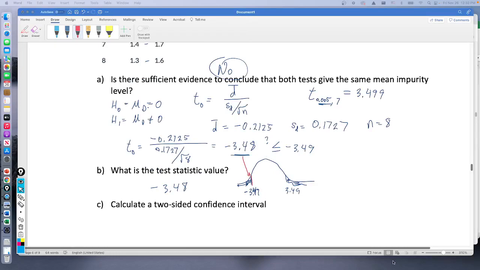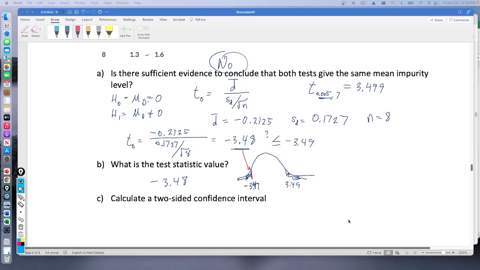Okay, so for the confidence interval, we use the T measured value. What we're really trying to find is this interval. We take our T of alpha and multiply it by the standard deviation of the difference divided by the square root of n.